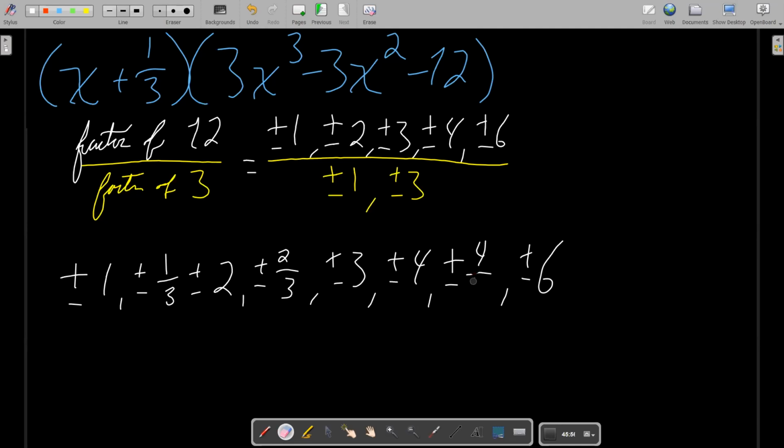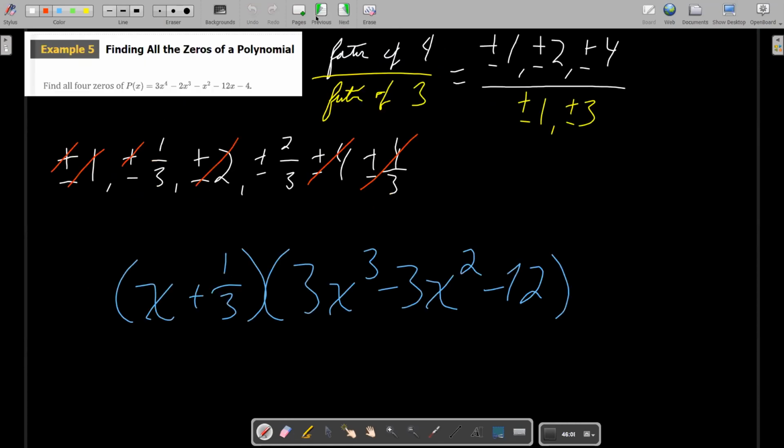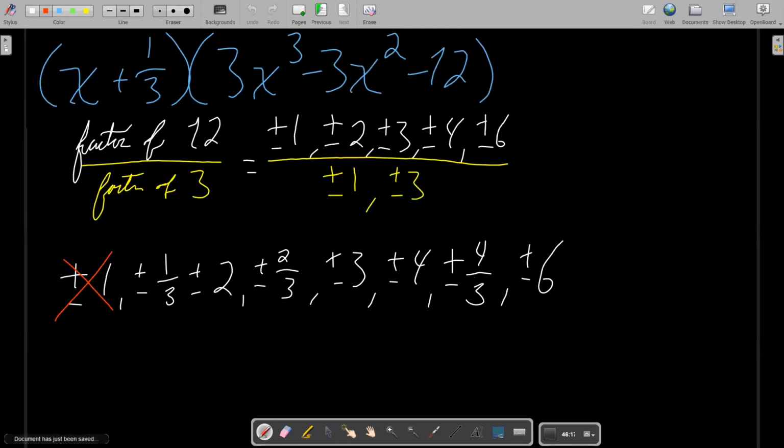So of these, I know that plus or minus 1 does not work because if it was a factor of this, then it would have been a factor of this. And I already marked off the plus or minus 1. I know it's not a positive 1/3, because same logic, but also I've already factored negative 1/3.